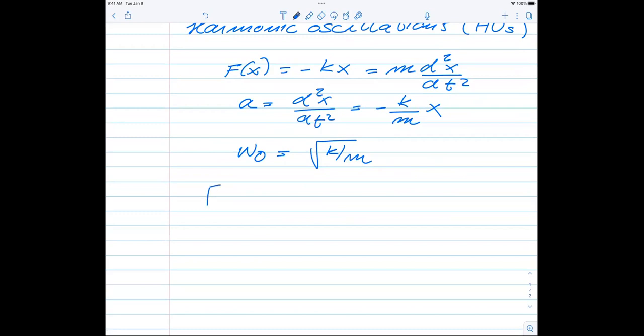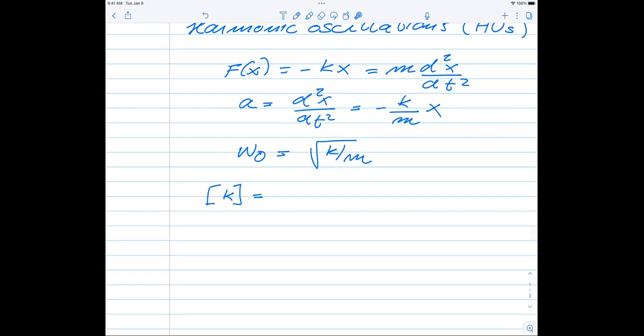So if we take the dimension of k, since k stands in front of x, as we have in the equation here, we know that since it's a force, k times x must be equal to mass times length divided by time squared.